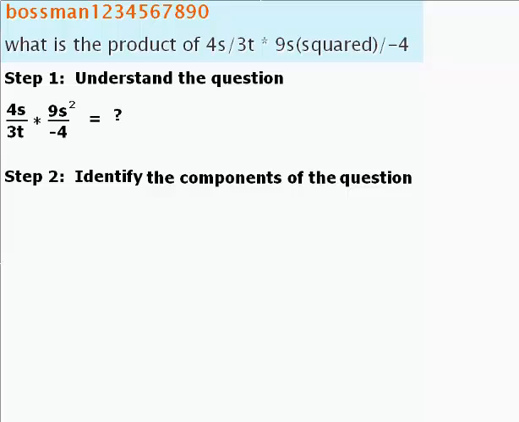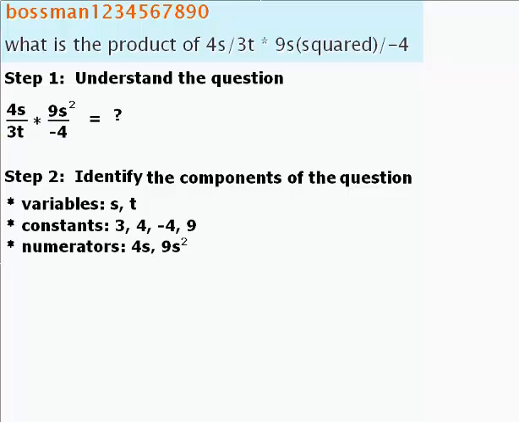The next step requires that we identify the components of the question. So we have here the variables s and t. We also have the constants 3, 4, -4, and 9. Next, we're dealing with the numerators 4s and 9s squared.